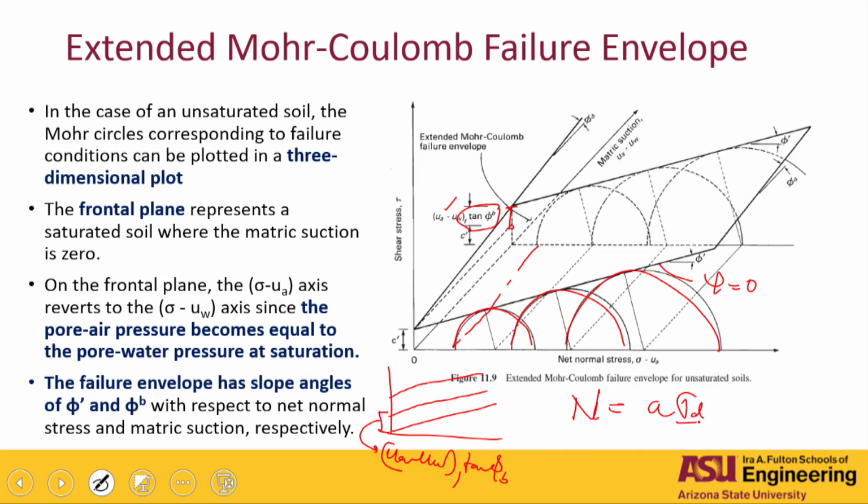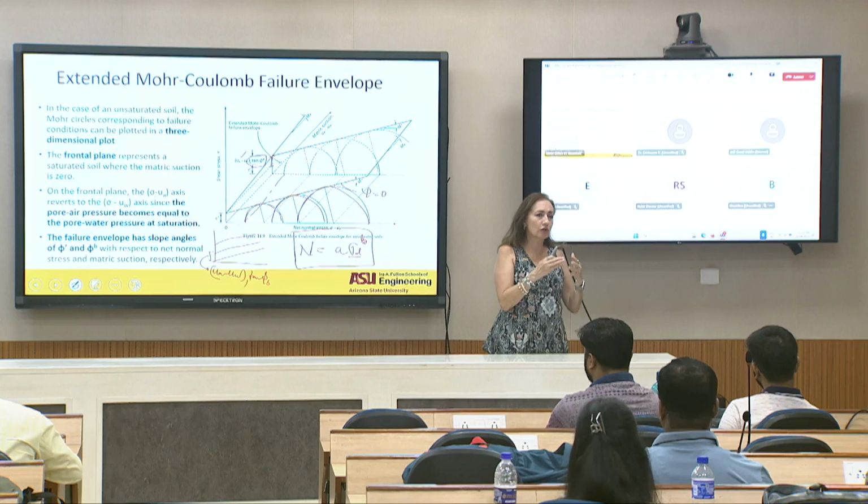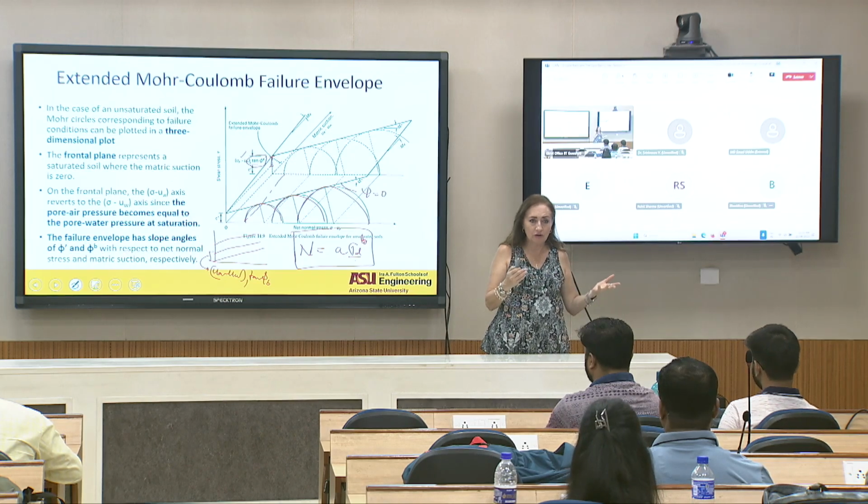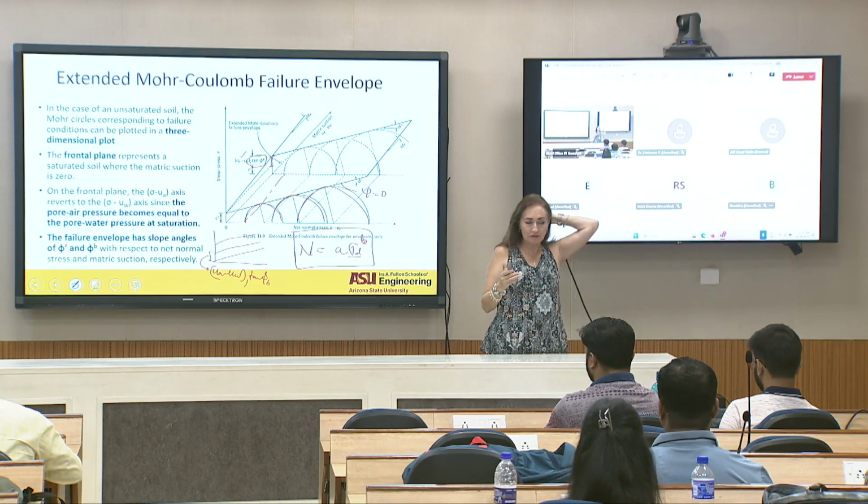I don't remember the model exactly, but it gives the number of repetitions needed to fail and cause rutting in the soil. That's called rutting or permanent deformation.